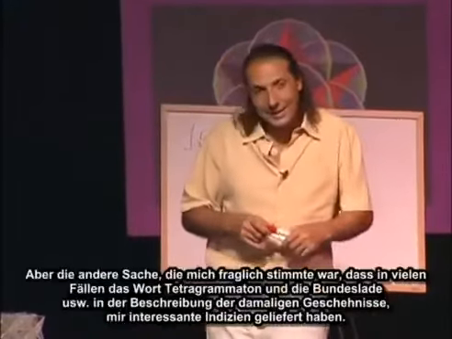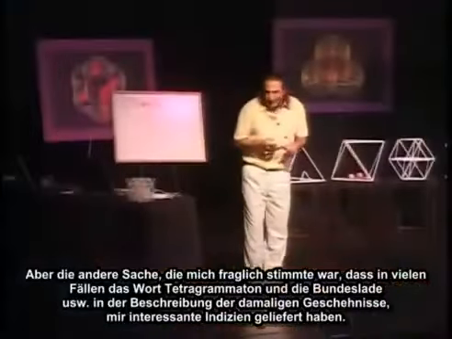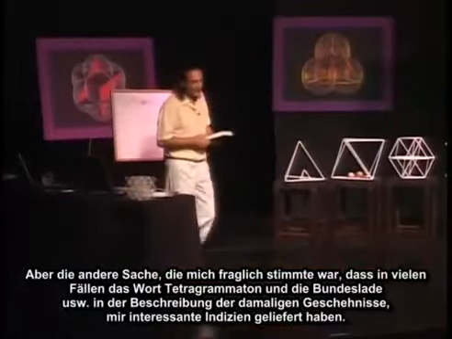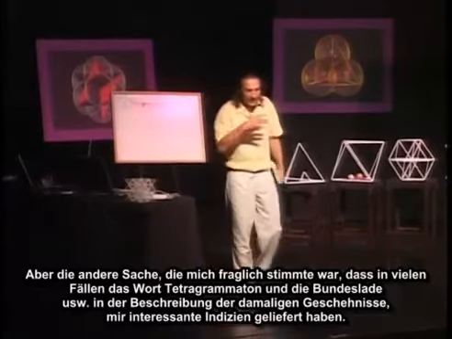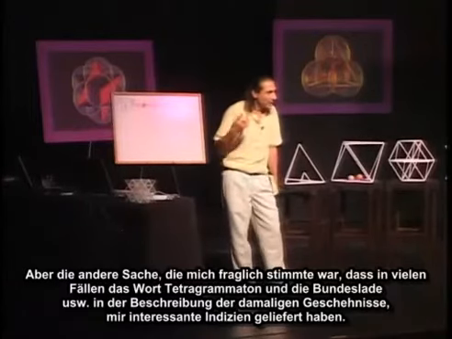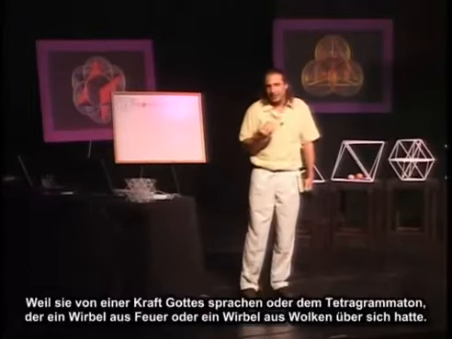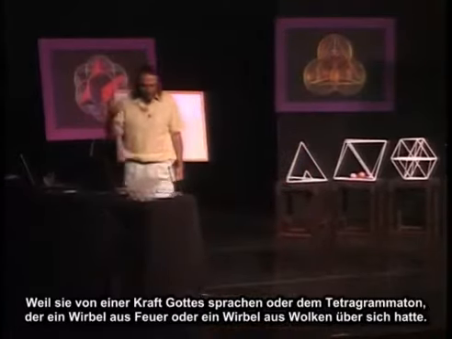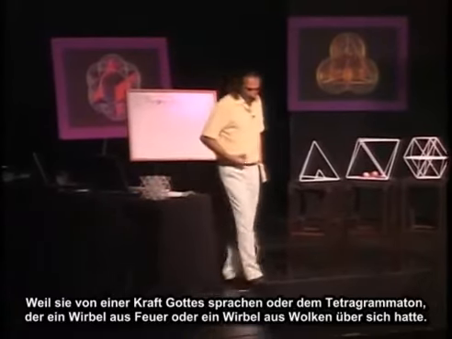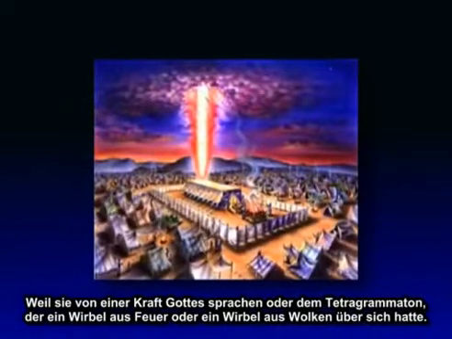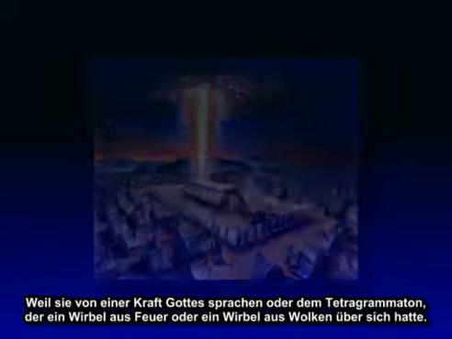But the other thing that puzzled me is that in many instances, the word Tetragrammaton and Ark of the Covenant and all this, in the description of what was going on there, it was describing something very interesting to me, because it kept on talking about the force of God, or the Tetragrammaton, having a vortex of fire or a vortex of clouds above it.